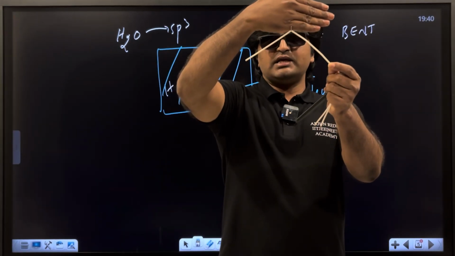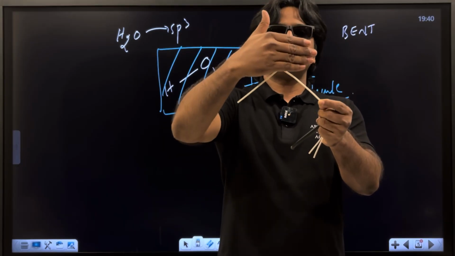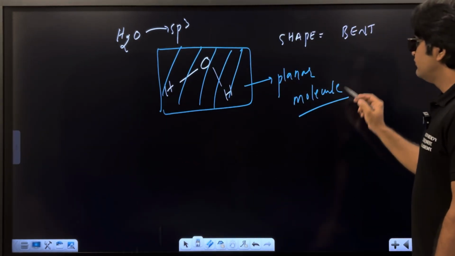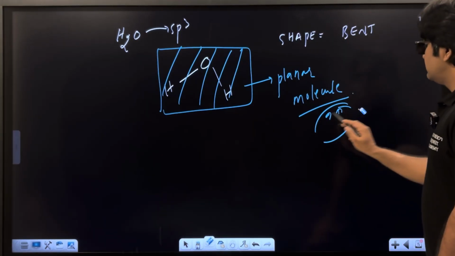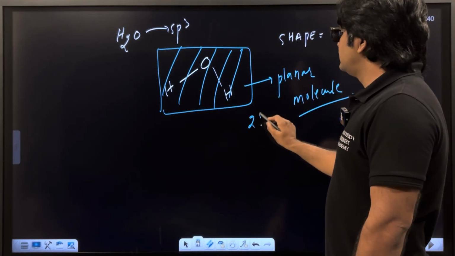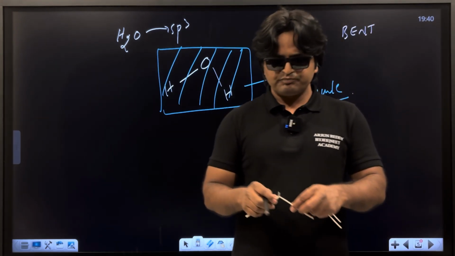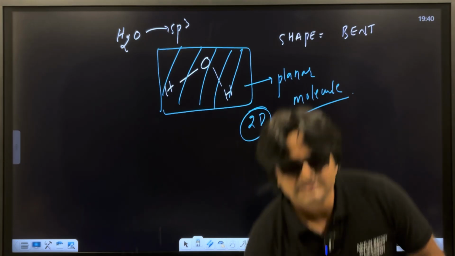All atoms are exactly coming into the same plane. If all atoms are in the same plane, then that molecule is said to be a planar molecule, and simply we call it a two-dimensional molecule. So our water molecule is a two-dimensional molecule, not three-dimensional. A two-dimensional molecule is nothing but all atoms lying in the same plane.